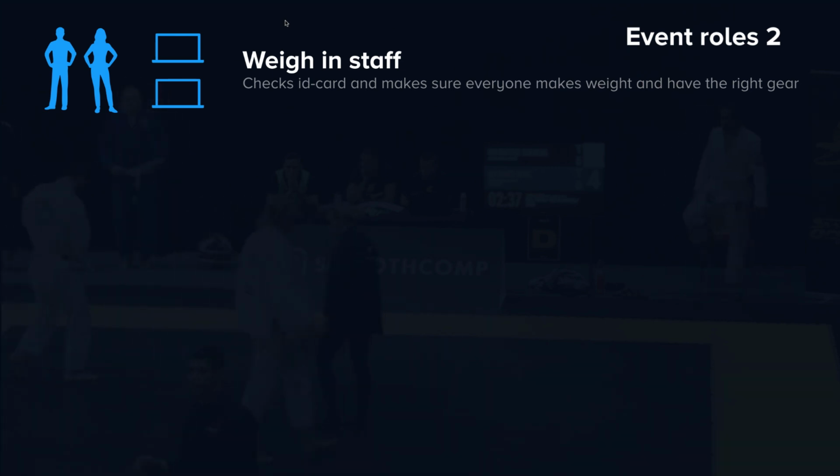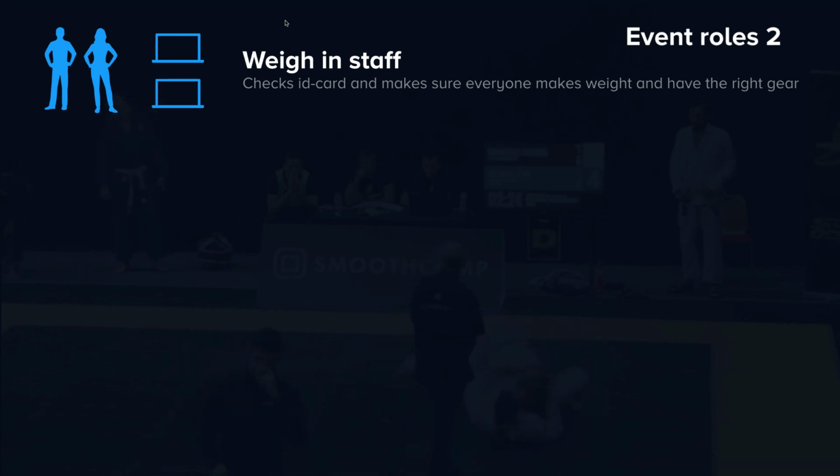But then you also have the weigh-in staff. They will check ID cards, make sure that players are the ones that applied, that the age matches the category, make sure they make their weight, and check their equipment, that the gi has the right measurements and everything. They will work in the system, and we will show later on how they can do the weigh-in process.